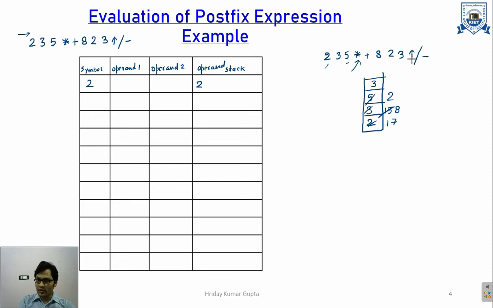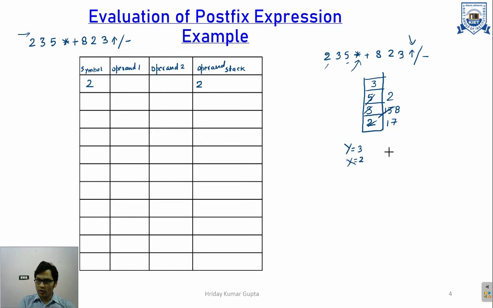So now listen carefully. Whenever an operator is coming, I have to pop two items from this stack one by one. Now listen. First I am going to pop this element 3 and I will keep it in variable y, and this 2 will keep in variable x. Now listen carefully.